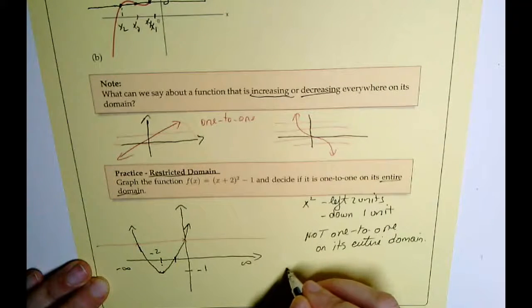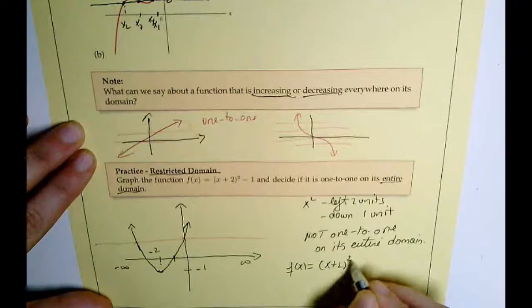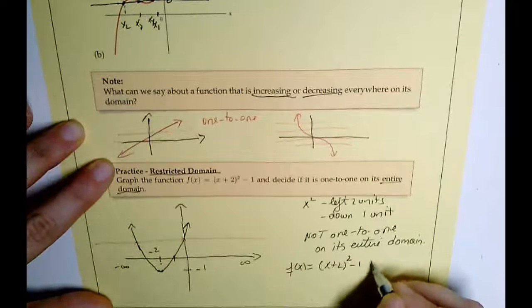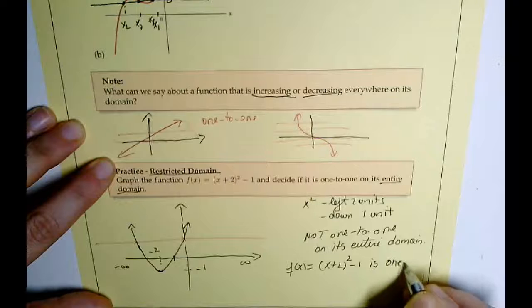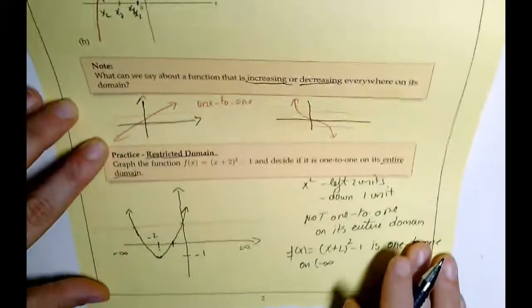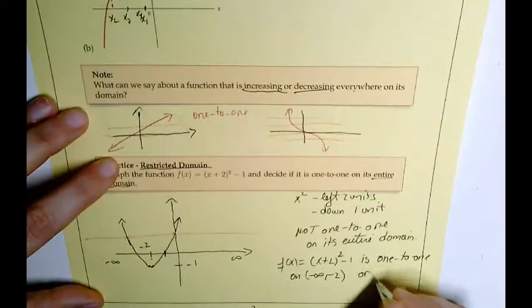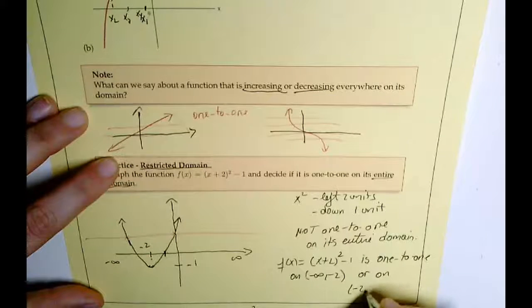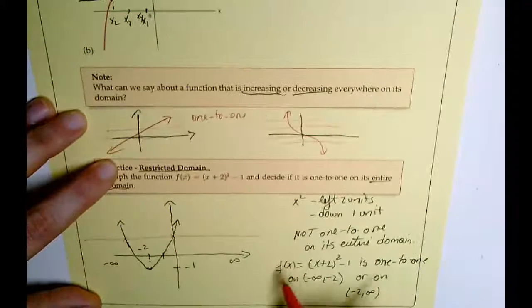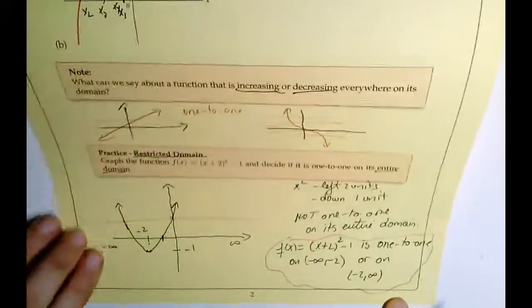So f of x equals (x plus 2) squared minus 1 is 1-to-1 on negative infinity to -2, or on -2 to infinity. You'll see this is going to become important.